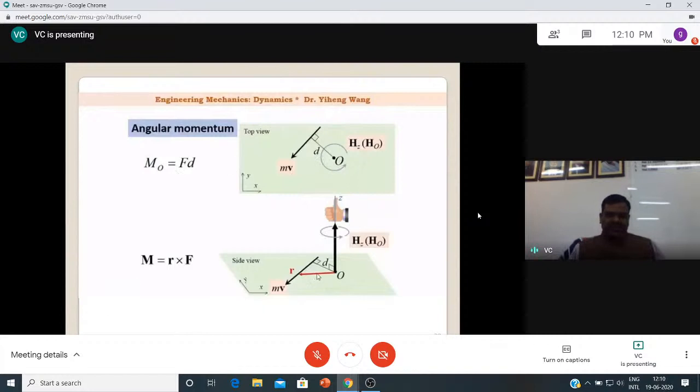The vector notation is R, with X, Y, Z components, and F also with X, Y, Z components. You take the cross product, that gives a 3 by 3 matrix, and its determinant gives the moment of momentum. This is how we will consider the momentum.